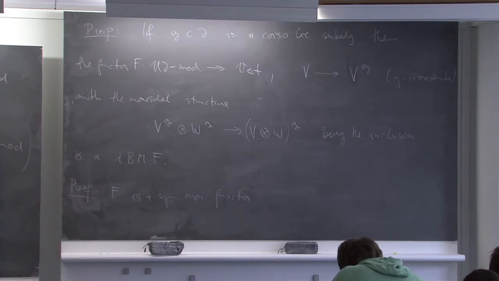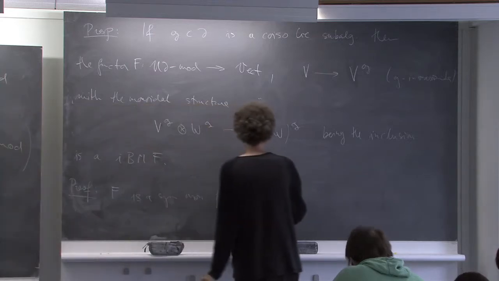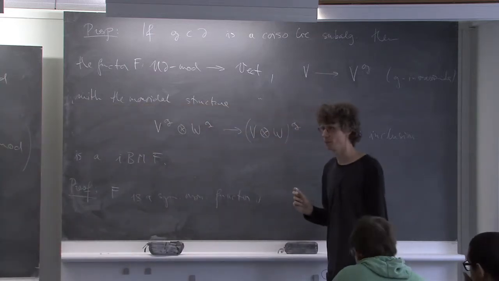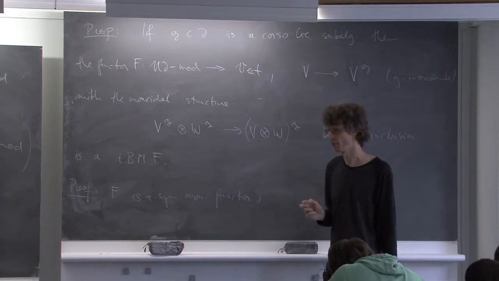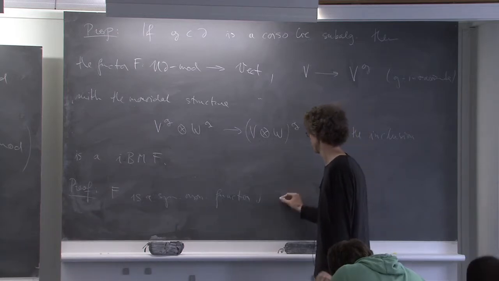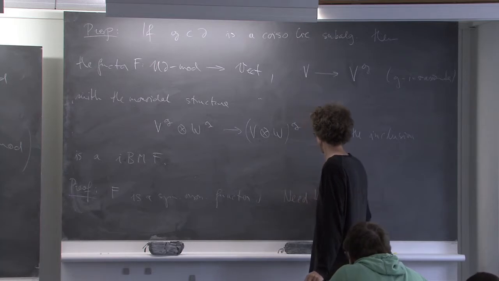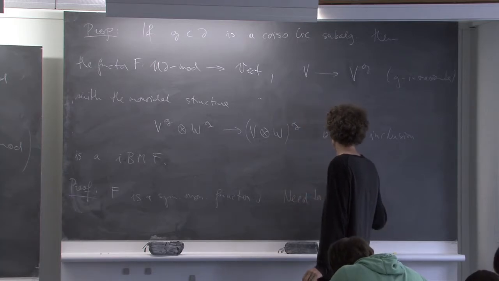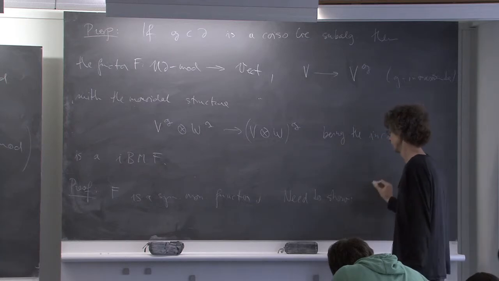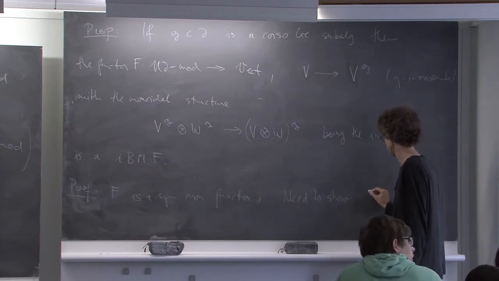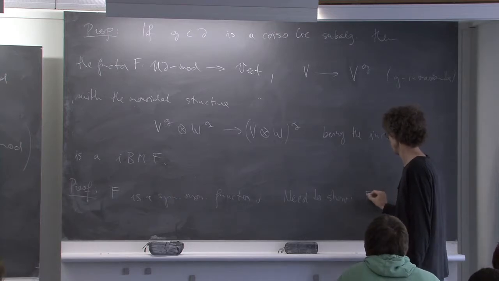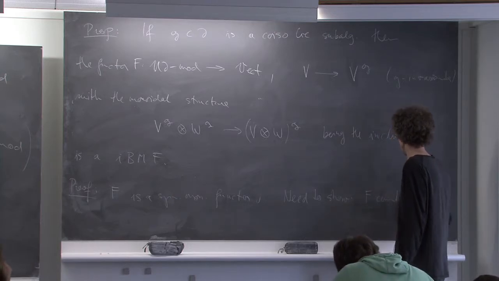And sure, it is a symmetric monoidal functor. There is nothing to verify here. Yes, that thing is okay, but it also needs to commute with those T's. So we need it to commute.